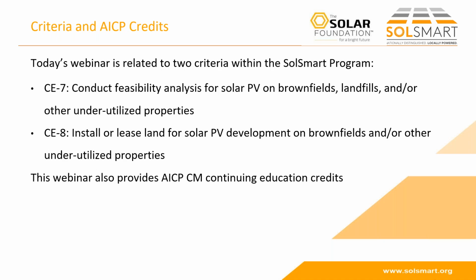And today's presentation will actually go over 2 criteria that we usually look at within the SolSmart program, which is C7, which is related to feasibility analysis for solar PV on brownfields, landfills, or other underutilized properties, as well as C8, which deals with installing or leasing land for solar PV development on brownfields or other underutilized properties.